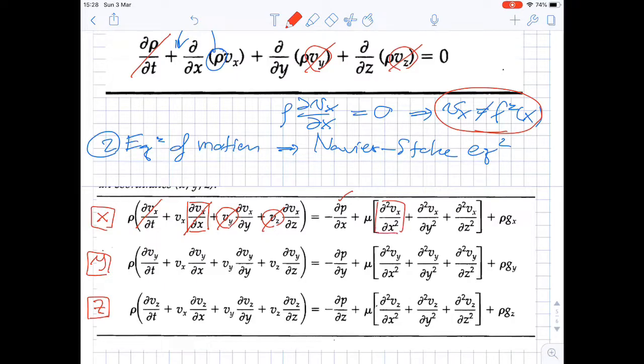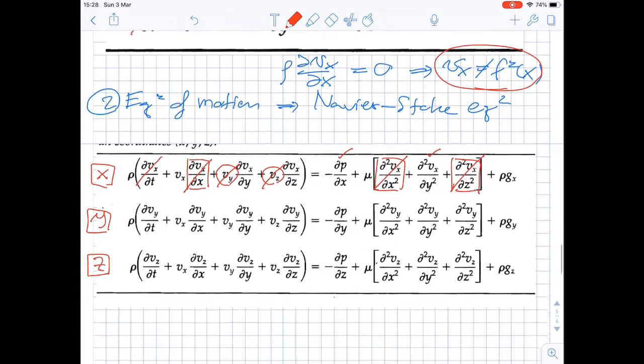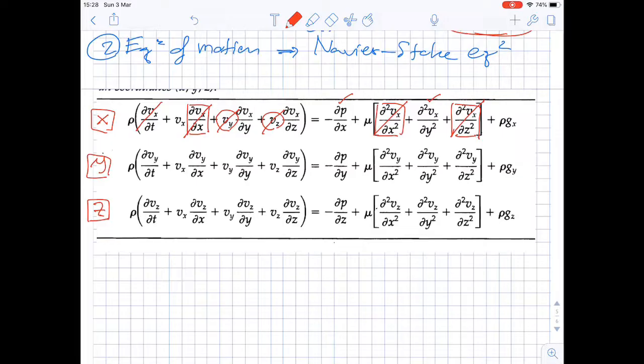This term, on the other hand, is 0. Vx is a function of y, this term must be kept. Vx is not a function of z, this term is 0, and we have gravity in x direction. So, if you go briefly through y momentum and z momentum, you see that a lot of terms will be removed. For instance, all the Vy should be 0.